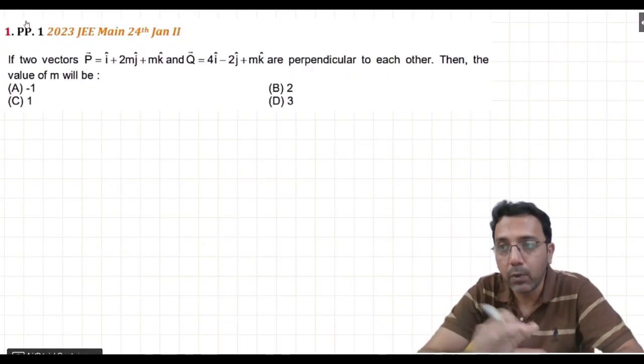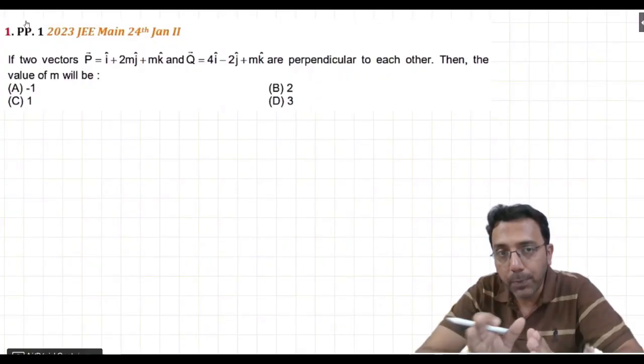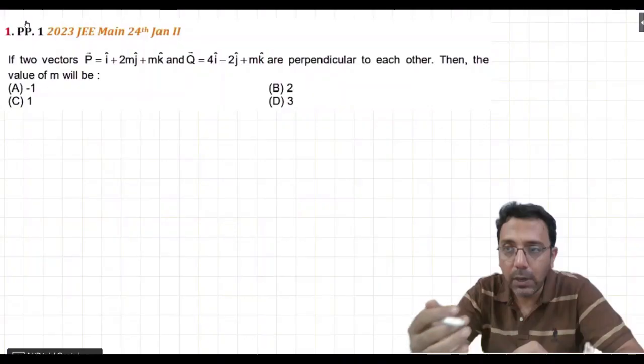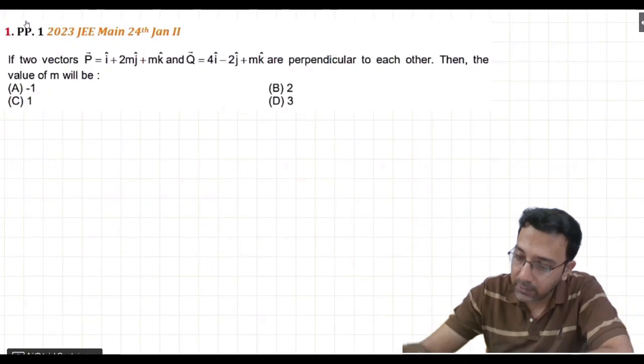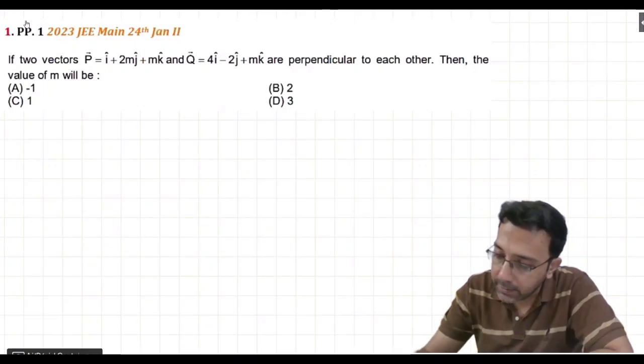We know that the dot product, p dot q, is mod of p mod of q cos theta. And if it is p cross q, then it is mod of p mod of q sin theta. Perpendicular means 90 degrees, so cos 90 is 0. Let us solve it this way.